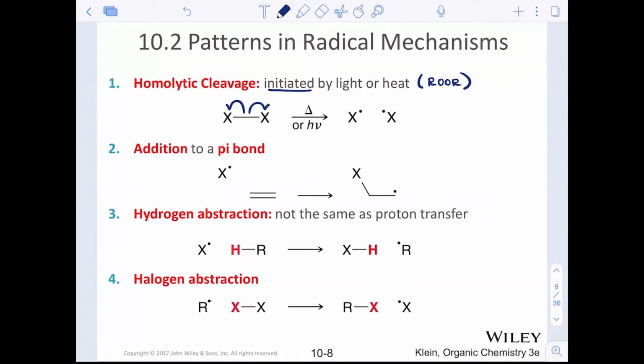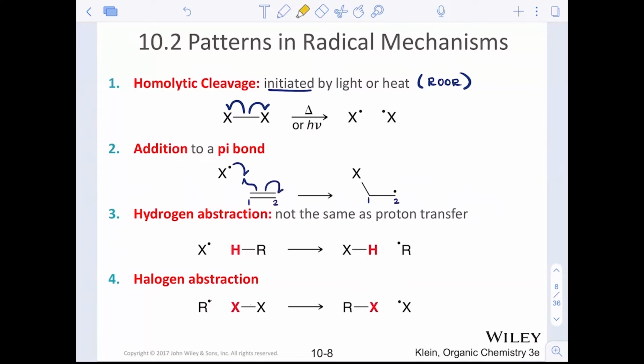Addition to a pi bond is another radical mechanism pattern. Notice here the addition of the pi bond is going to be creating a new sigma bond on carbon 1 and creating a radical on carbon 2.